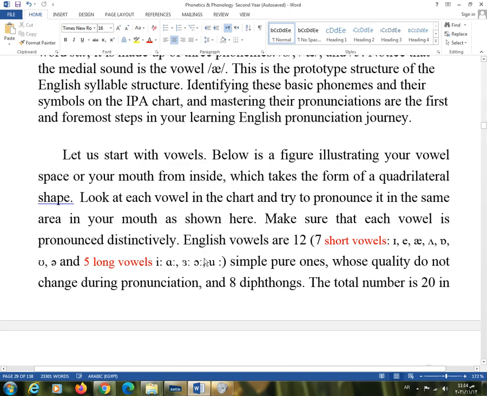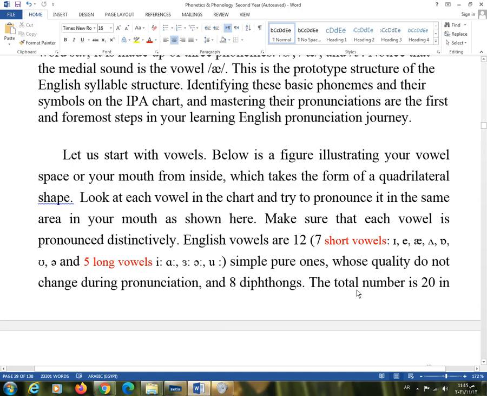Now let's move on to have a very quick idea about the English vowels. As you know, they are divided as follows. 12 pure vowels divided into 7 short vowels and 5 long vowels.